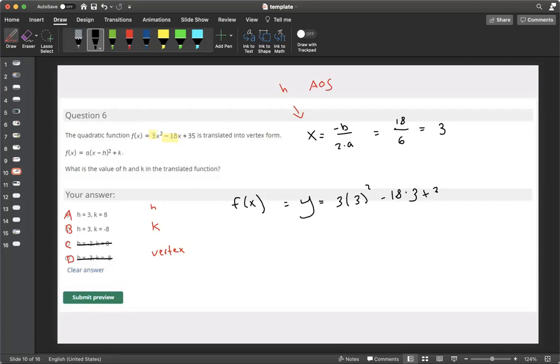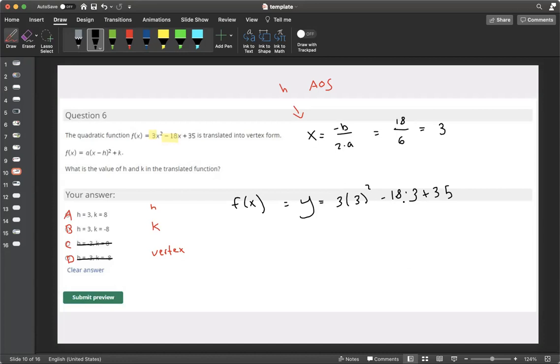And then we add our 35. So if we put all of this into the calculator, and it is okay to use a calculator, we should get either a positive or negative 8.